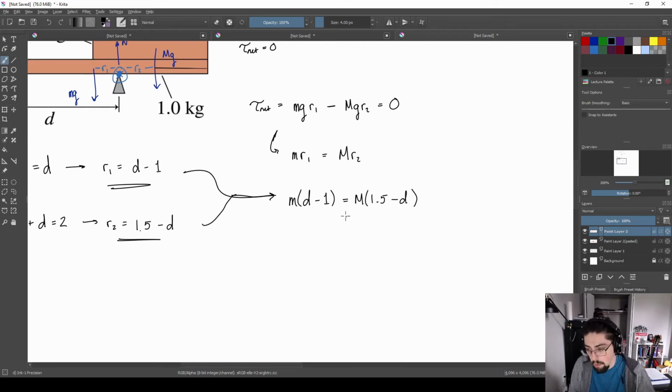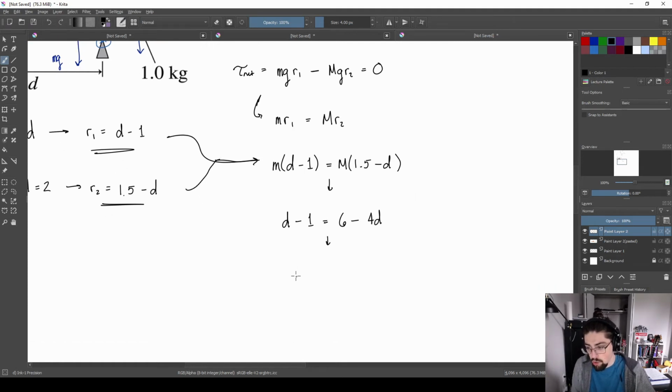So this is going to become d minus 1 is equal to 6 minus 4d. Then I can rearrange this just a little bit more. I would say 5d is equal to 7. Final result, d is 1.4 meters. And there we have it.